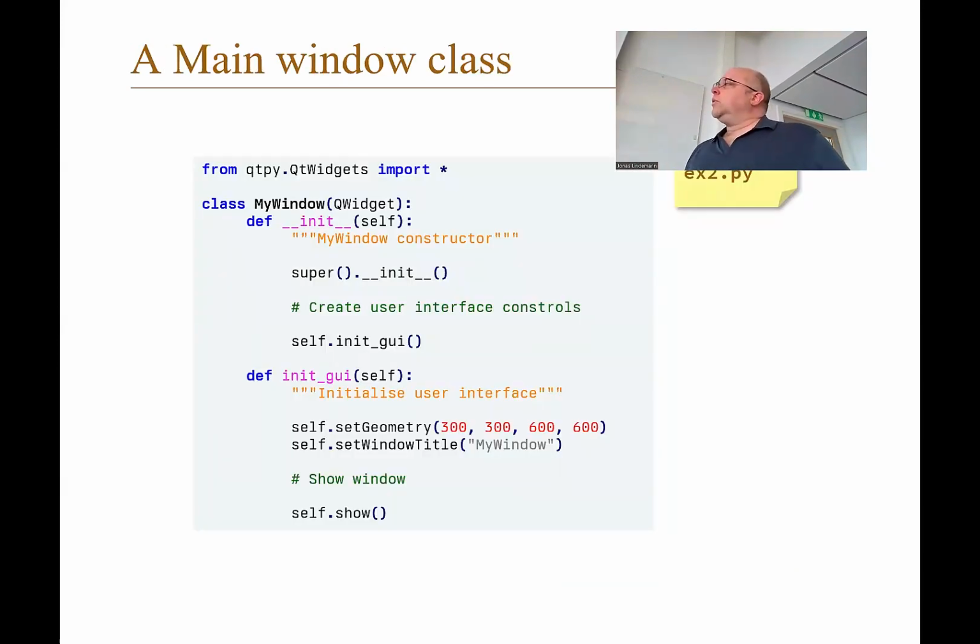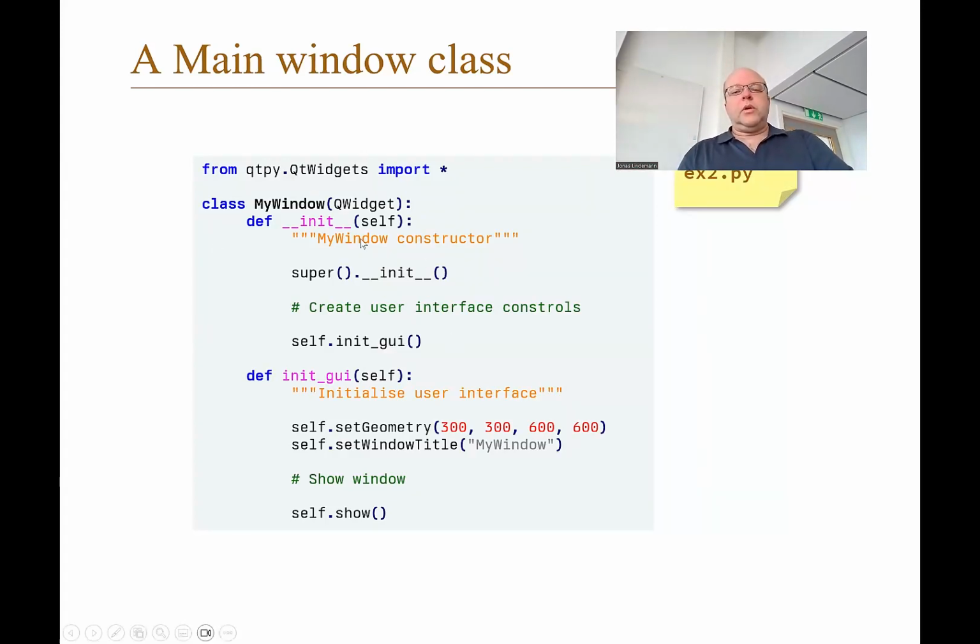The first part when you create a new application in Qt is to create your own window class. So in this part, you create MyWindow and derive it from QWidget. That means my window class will inherit all the functionality from the QWidget class.